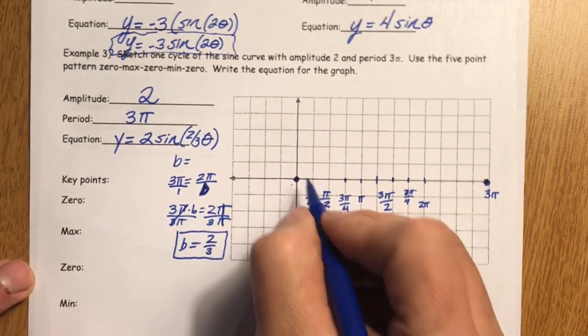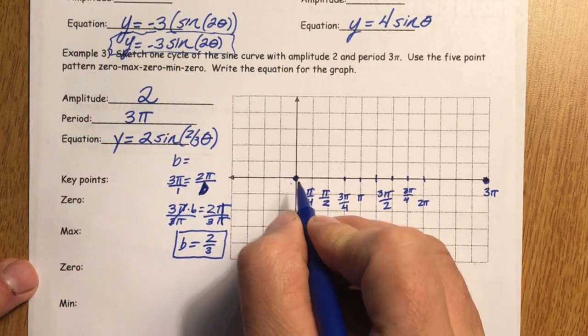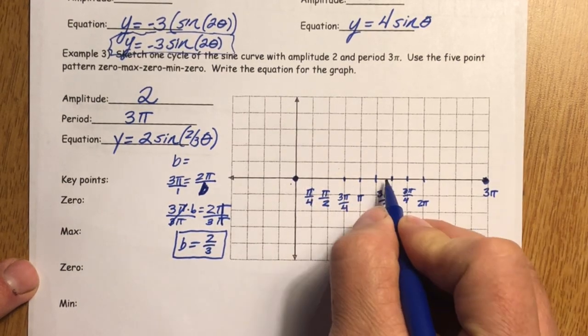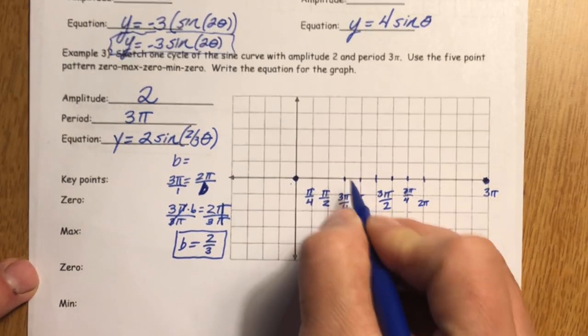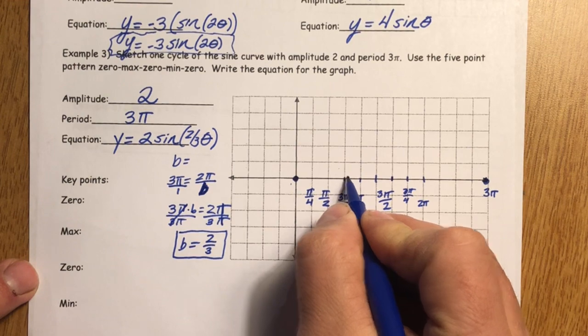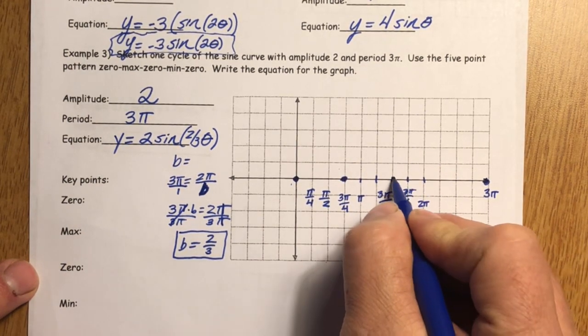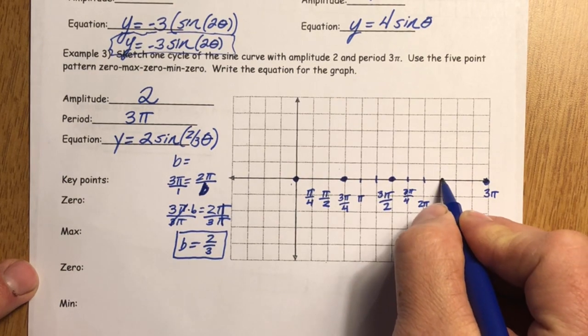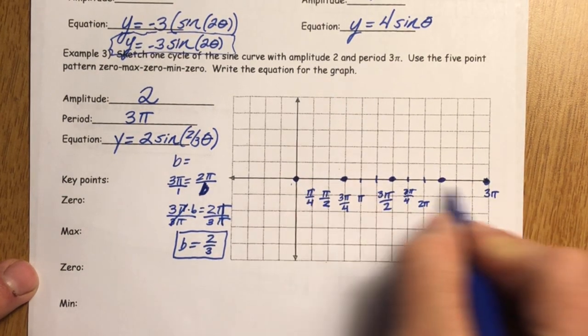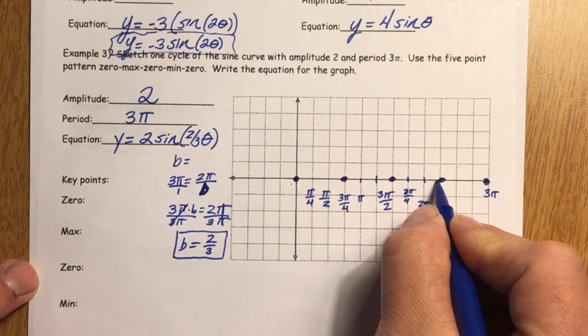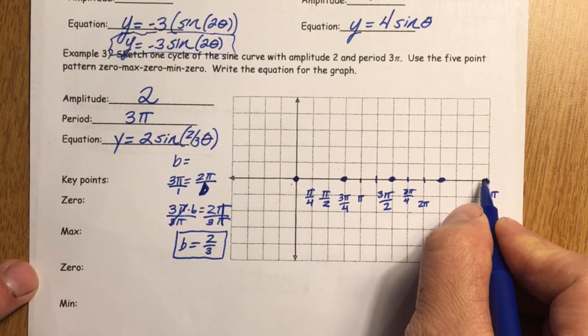So I've got 1, 2, 3, 4. Okay, so here are my 5 numbers: 1, 2, 3, 4, and 5. Right? 1, 2, 3, 4, and 5.